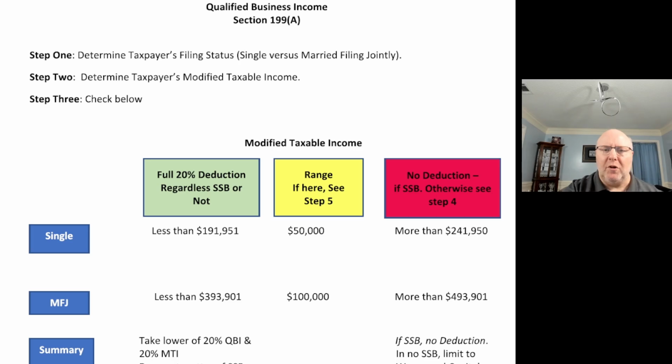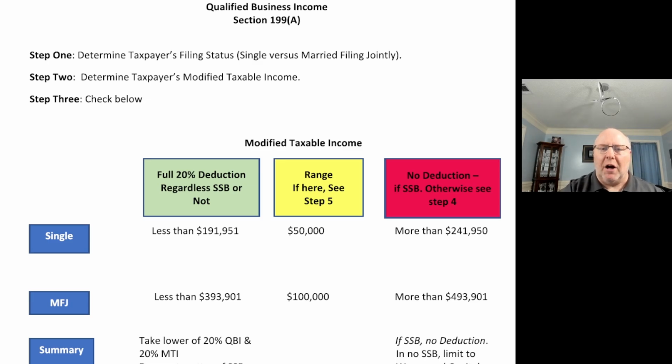So if your W-2 wages were $100,000 and you took the 50%, it was $50,000, and that was a greater amount than Part B, the 25% plus 2.5% of the unadjusted basis of property. We now compare it to our 20% of QBI. If our 20% of QBI was $30,000, we take the $30,000, and that's where we move on. We don't have to worry about anything else with that middle step.